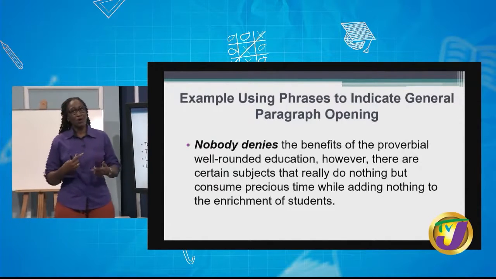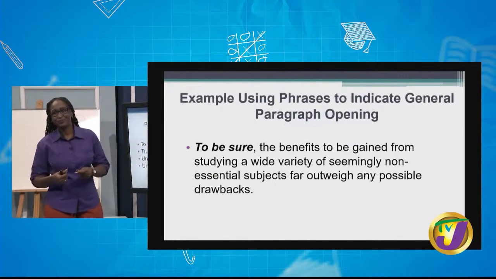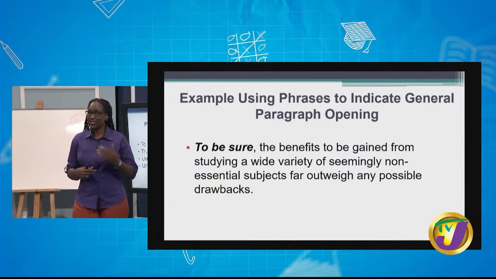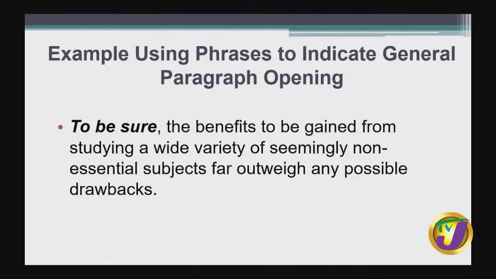So let's look at some other ways that you can also open a general paragraph. So our next example: to be sure, the benefits to be gained from studying a wide variety of seemingly non-essential subjects far outweigh any possible drawbacks. So we have used to be sure to start our sentence.